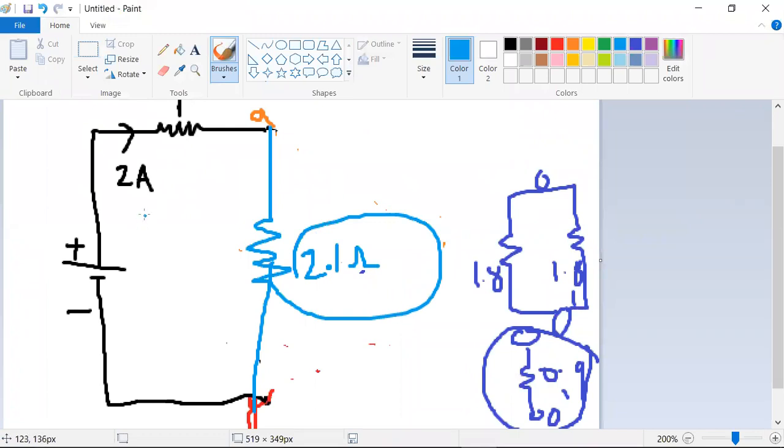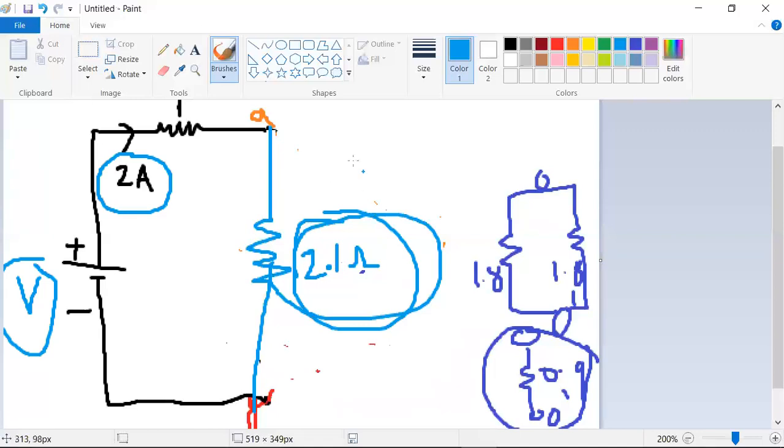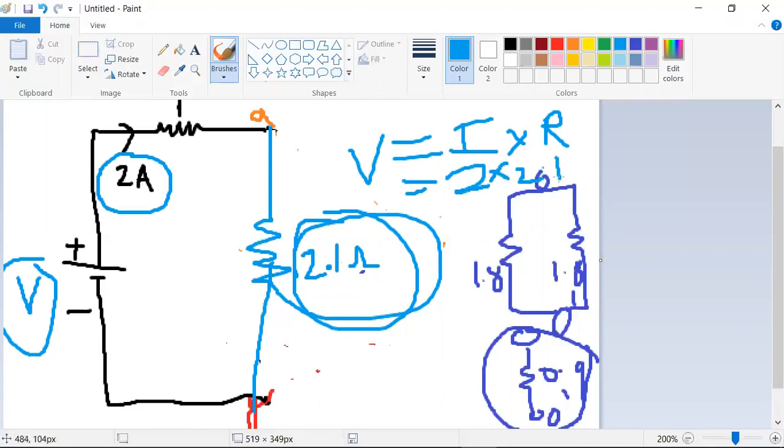Now you know the value of current and you know the value of resistance. Your task is to find how much voltage source is there. For that, you know the formula V equals I multiplied by R. I is 2 amps, already given, and R is 2.1.